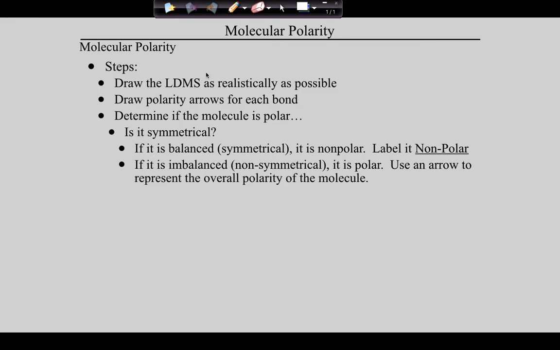Then guys, if the molecule is imbalanced or non-symmetrical, it is polar. And at that point, what you're going to do is you're going to use an overall arrow to represent the polarity of the whole molecule. For those of you that have taken physics, these are what are called vector sums.